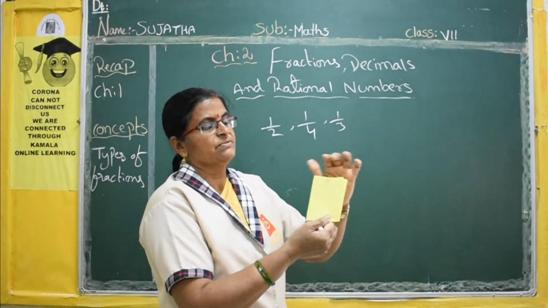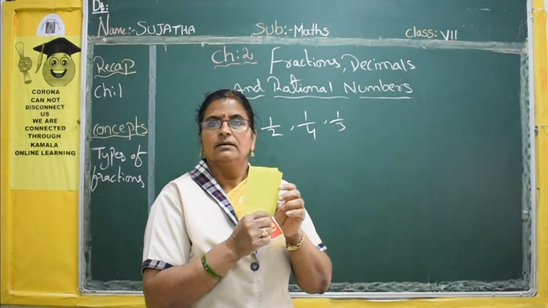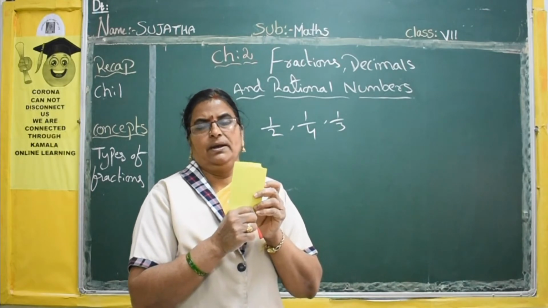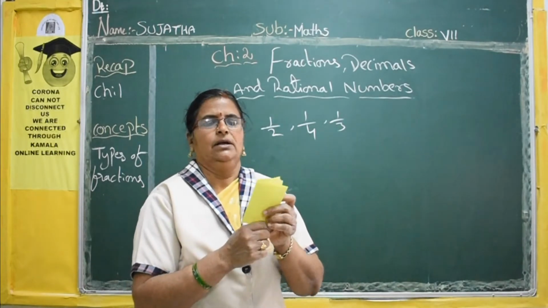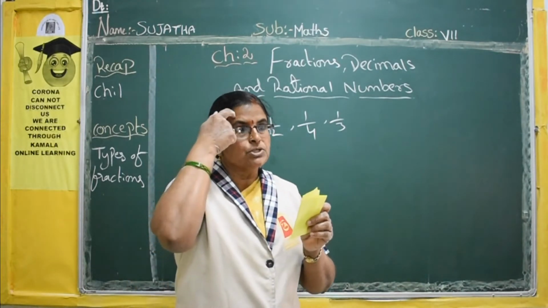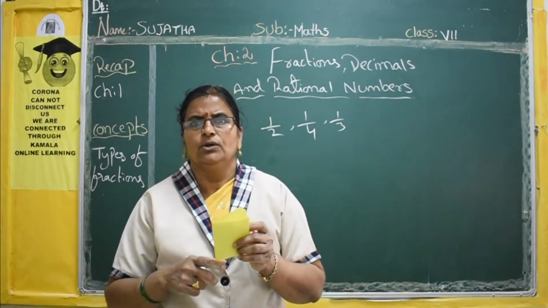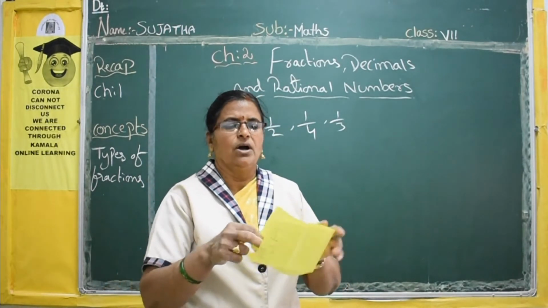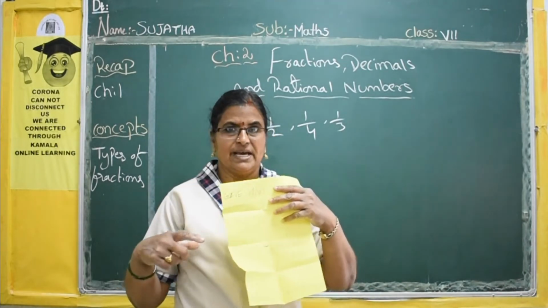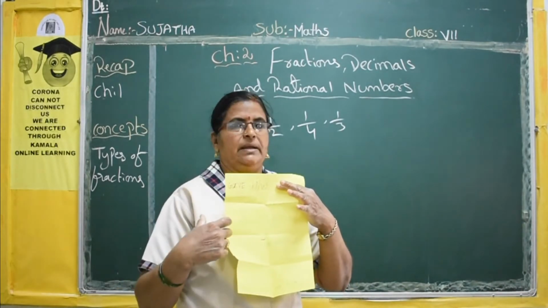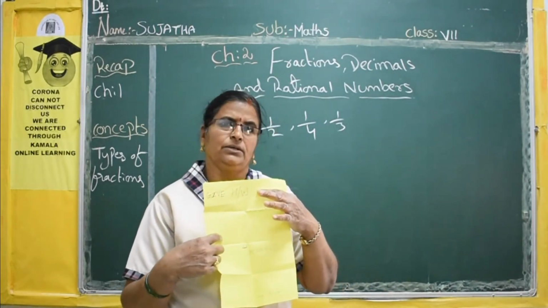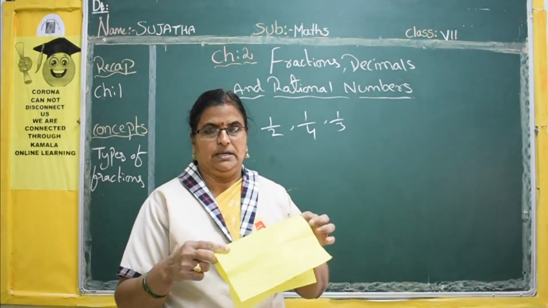The 8th part. You will get the 1 by 8th part. Like that you can do. Suppose you want 2 by 3. For 2 by 3 you have to take 2 papers like that, then fold each into 3 parts. Then you will get the 2 by 3 part.